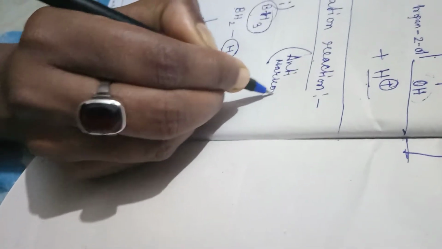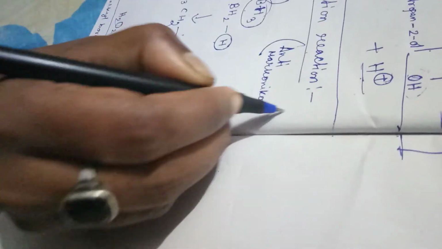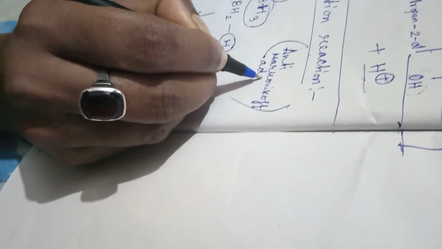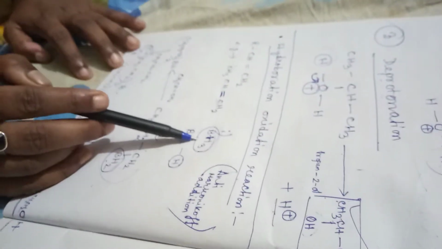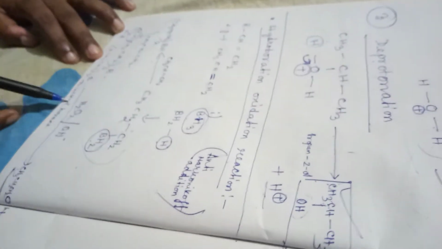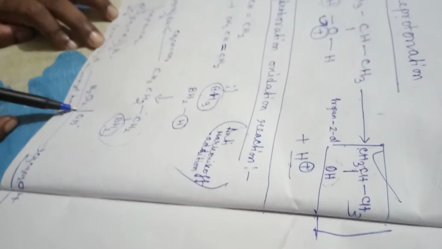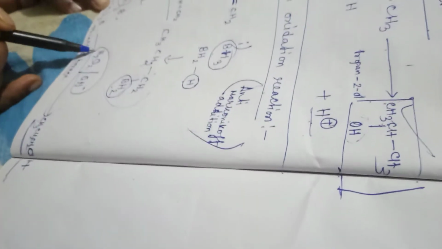That means it follows anti-Markovnikov addition. So it is an anti-Markovnikov addition reaction. Let me tell you again: we first add borane, from which we get the trialkyl borane, and then it is oxidized with alkaline hydrogen peroxide, from where we get the alcohol.